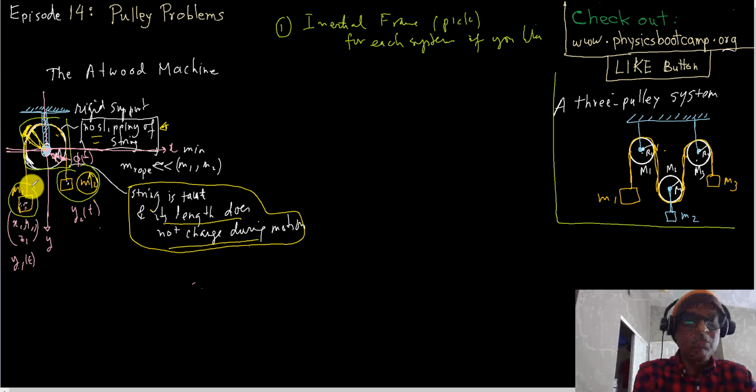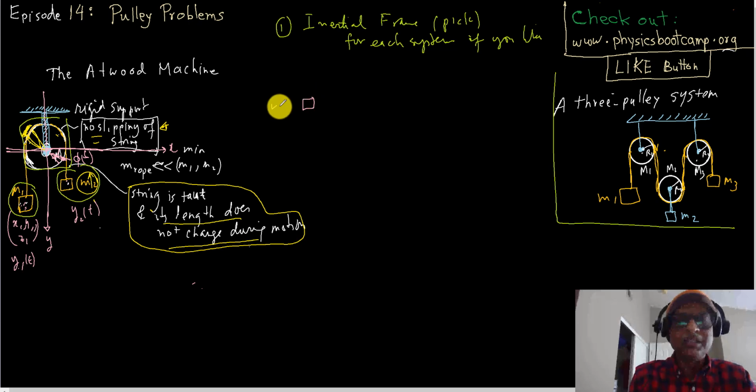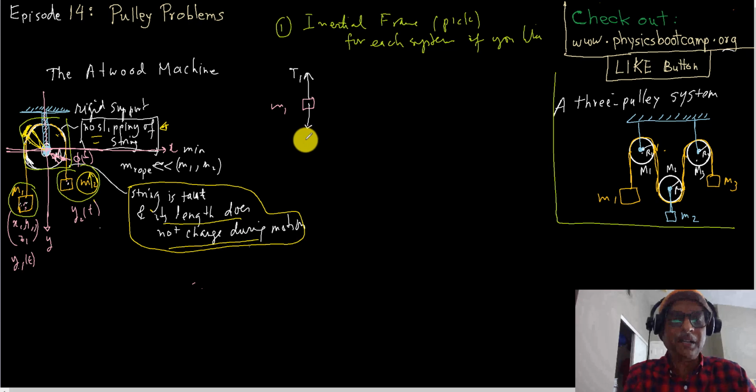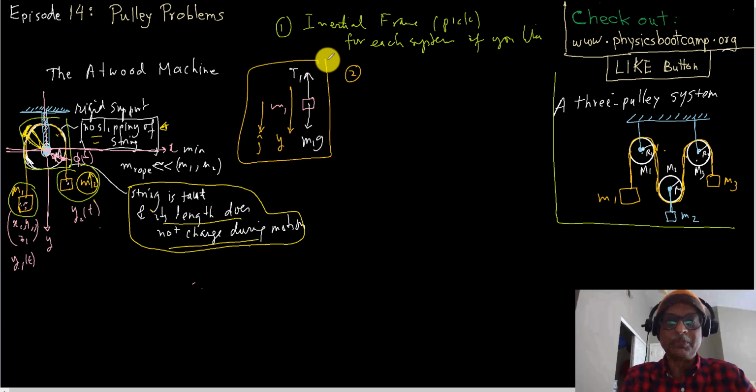So this M1, if you look at M1 in isolation, you'll see it has a tension, let's call it T1, and it's got its weight M1g. The y-axis is pointed this way, so that's where the j hat direction is. The second thing is to write all of this in vector form, right?